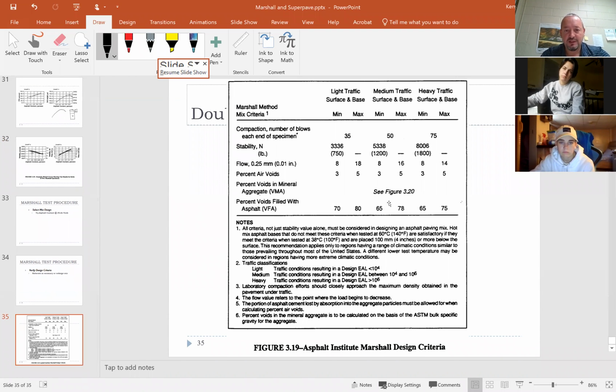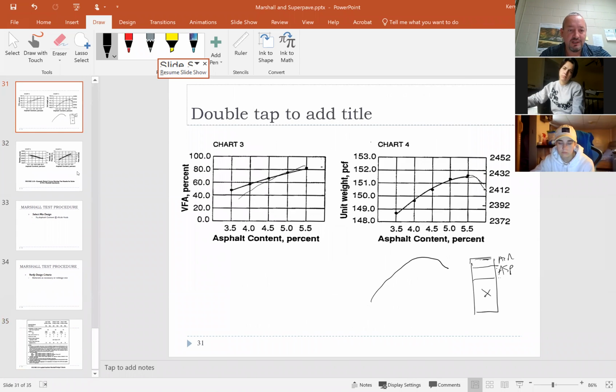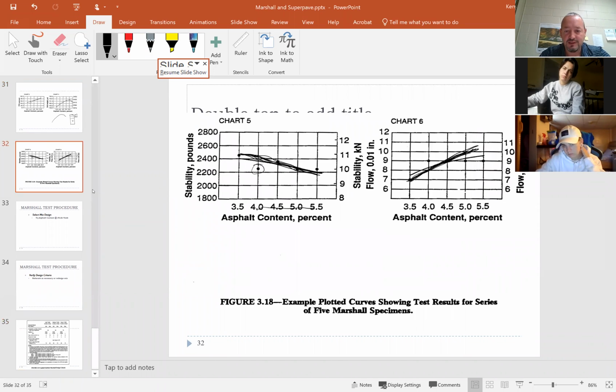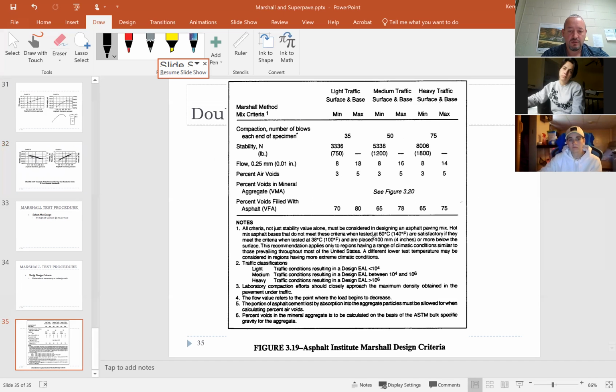We might have to pick up this later. I think we're just about out of time. And we would check all the others. We'd go back into these others and ask, what's the stability value at 4.7? And we'd see if it meets this criteria. I'll pick that back up at the very end of that.